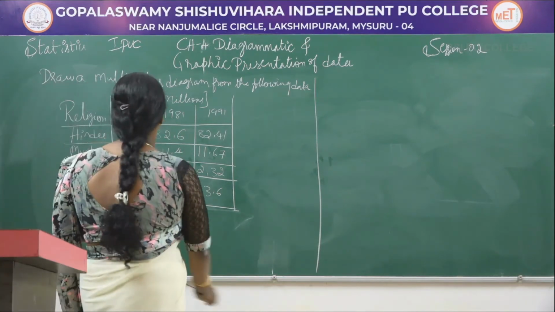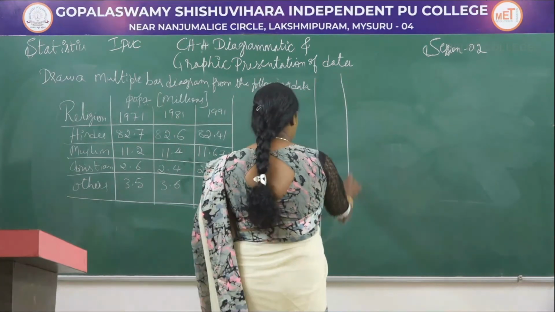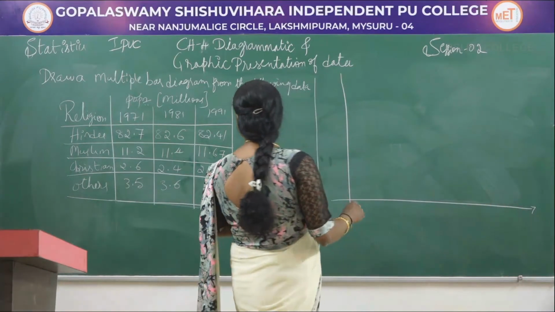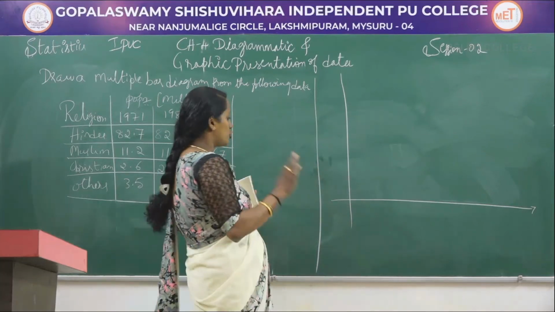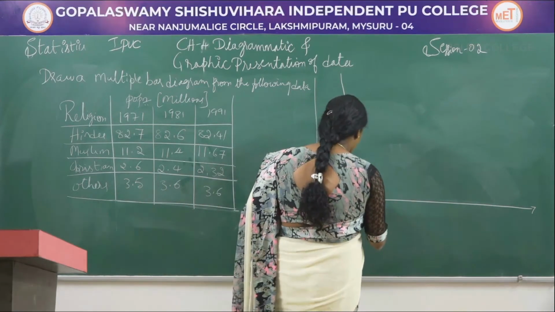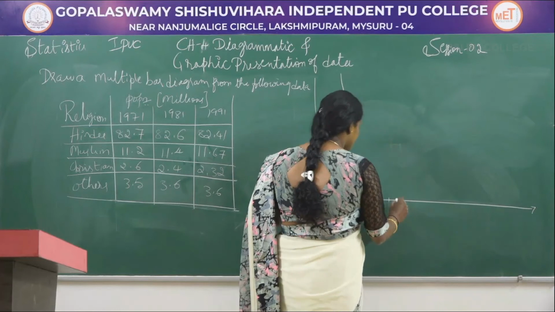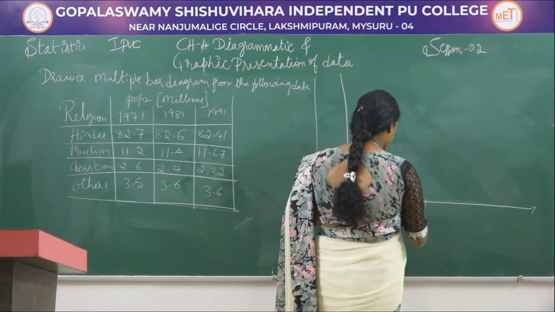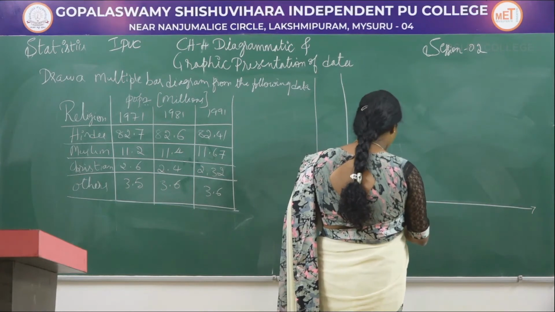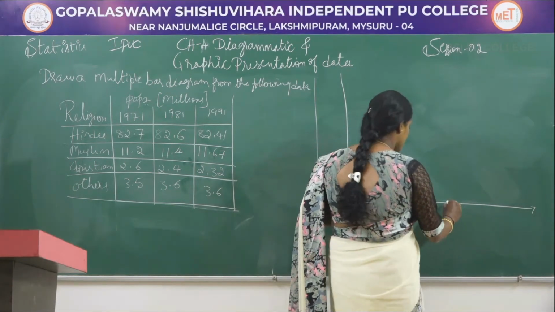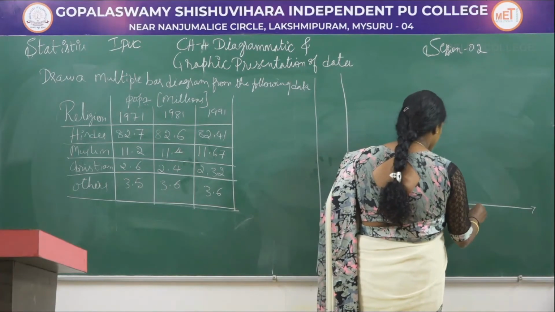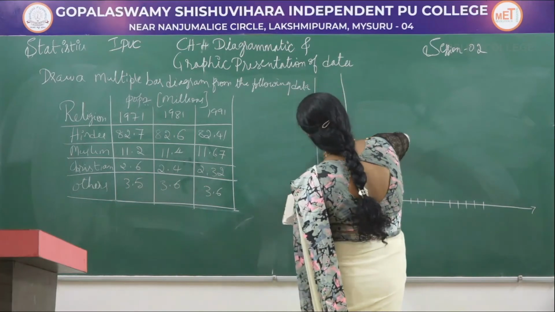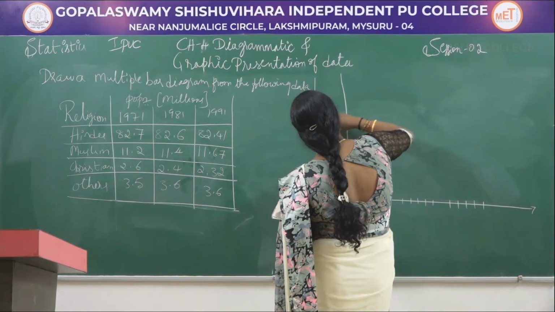Okay, first we will take the graph. For 1971 we have 4 categories, so I'll divide here first. Next, population in millions.